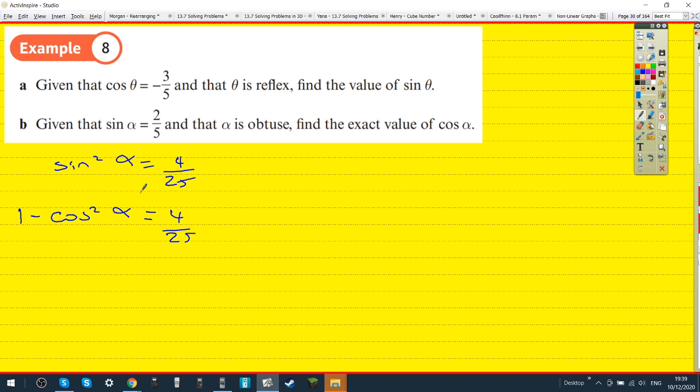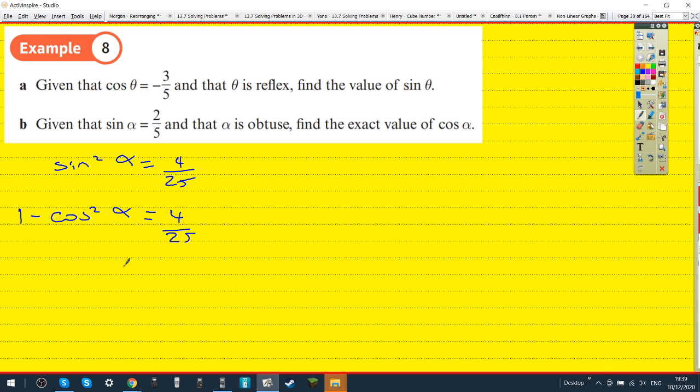I got the final answer as 0.917 equals cos alpha, rounded to 3 significant figures. No. Go on, what was your working out? So I added cos squared alpha to both sides.